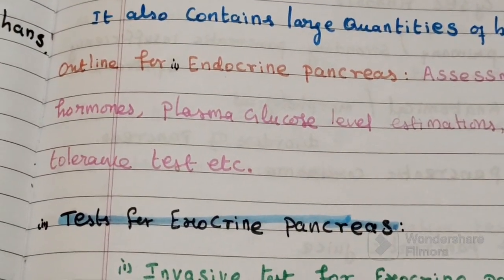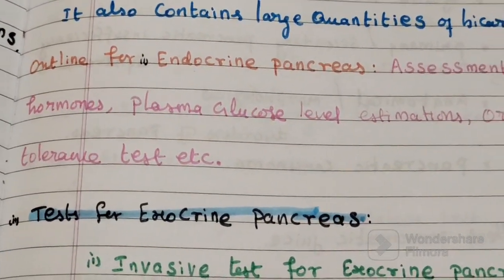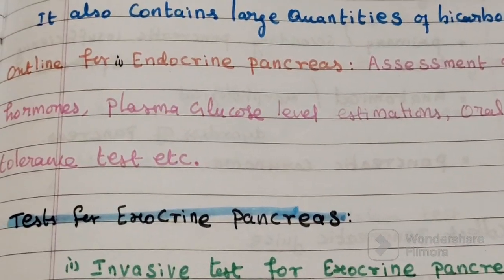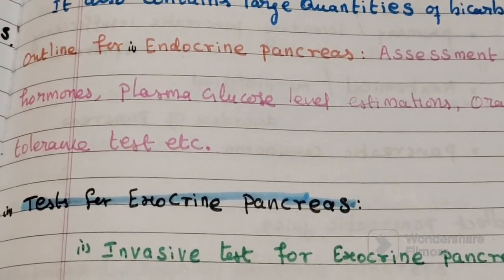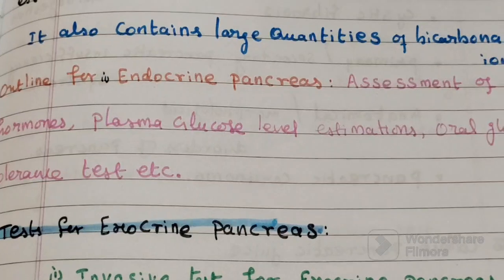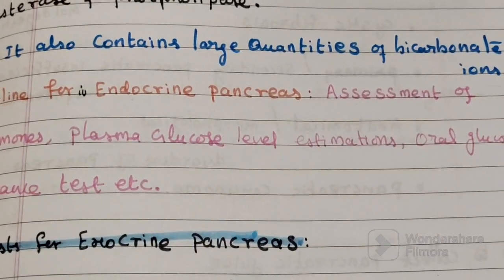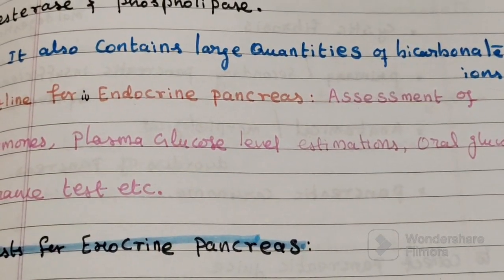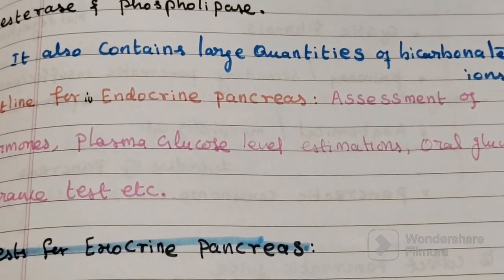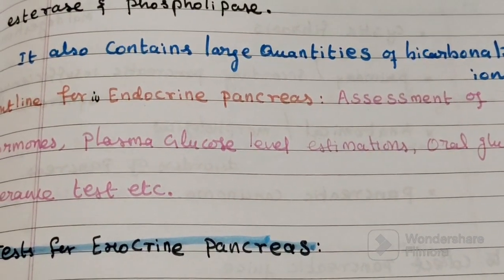Next, outline of pancreatic function tests. As the pancreas has two types of function, exocrine and endocrine, the tests are also of two types.